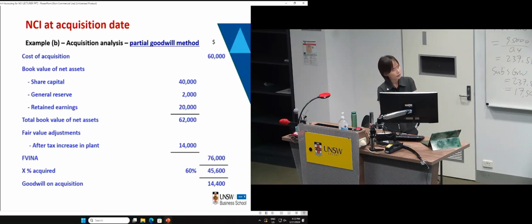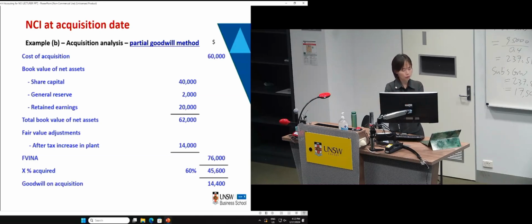FVNA is equal to the book value of the net assets, also equal to identifiable net assets, plus the after-tax fair value adjustment for the plant. Then FVNA acquired, we need to multiply by 60% because the parent only acquired 60% of the shares in the subsidiary. Compare consideration with FVNA acquired, and the difference represents the goodwill acquired by the parent.